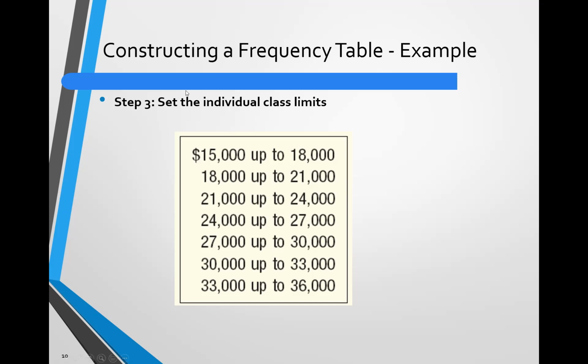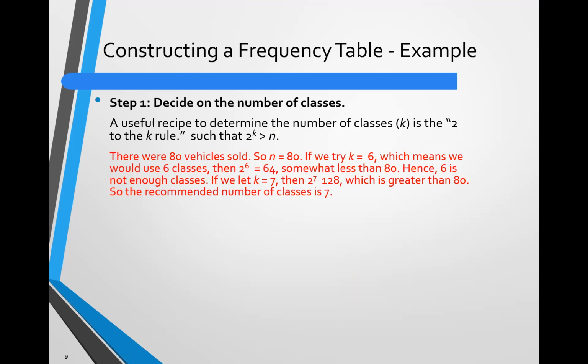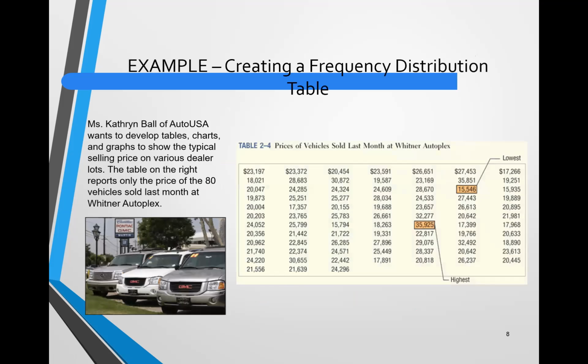आप देख रहे हैं कि यहाँ here the first class is started from 15,000. How do we find that the first class is started from 15,000? So for this again we need to refer to our data, and you can see here is the lowest value 15,546. So you can start your first class from this lowest value or below this.